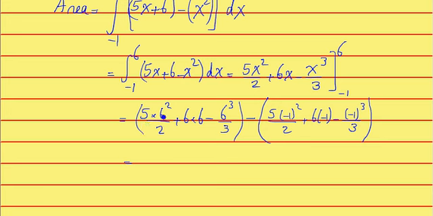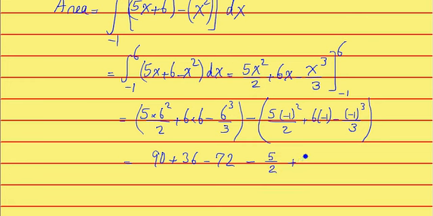Okay, 36 divided by 2 is 18, times 5 is 90. That is 36. 6 cubed is 216, divided by 3, 72. Then we'll have minus, this is going to be 5 halves.